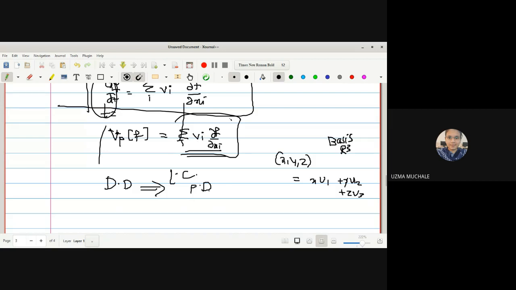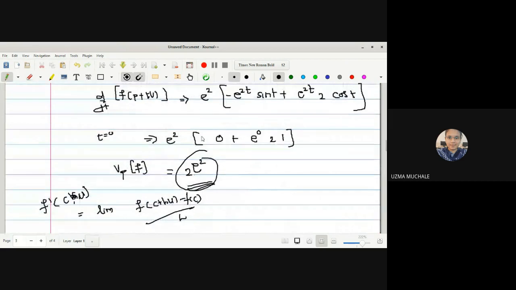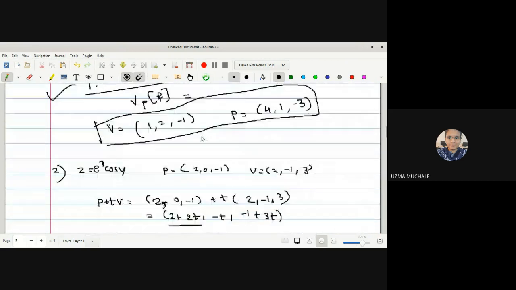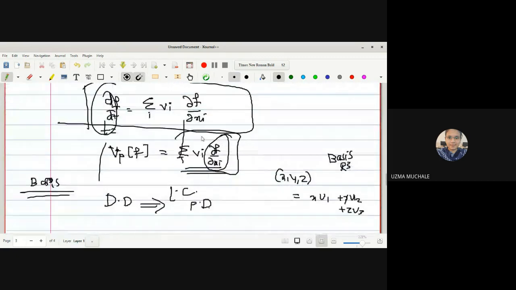Here also, dou f by dou x, dou f by dou y, and dou f by dou z will work as a basis while finding your directional derivative. Right? What will v1 v2 v3 be? From the example itself you can see what are v1 v2 v3. Yes. These are some numbers, real numbers. So that's why here also we have the real numbers, no?